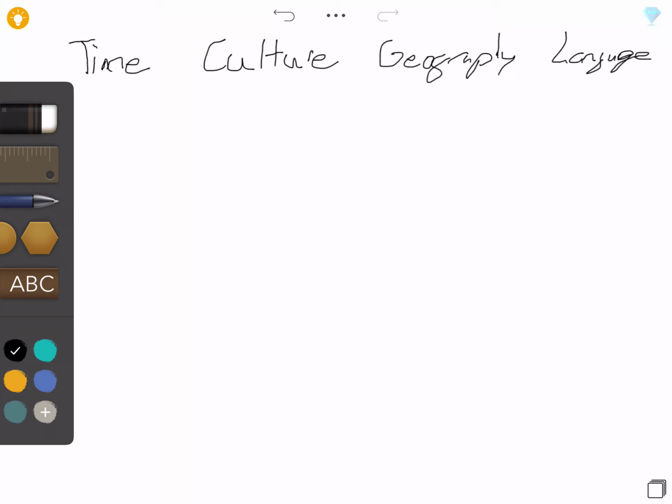So when trying to figure out how to overcome these barriers, there are four models that are pretty common to use.